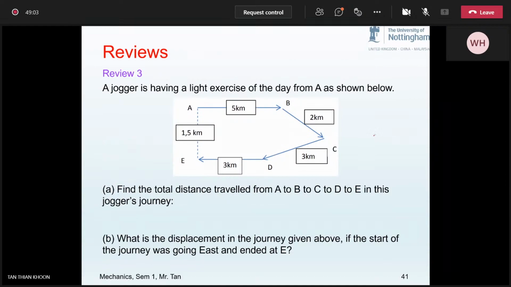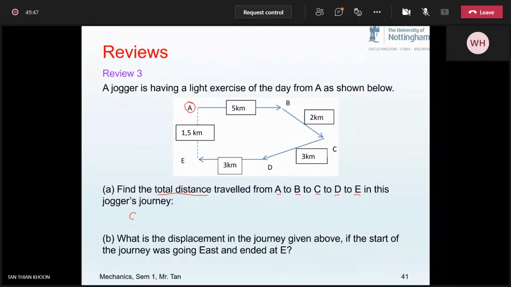And then the third example. A jogger, or you are actually jogging, having a light exercise of the day, from point A. It shows us point A, and we would like to find the total distance traveled from A to B to C to D and to E. What is the total distance? 13, kilometers.